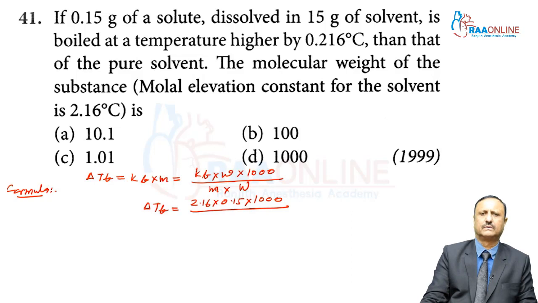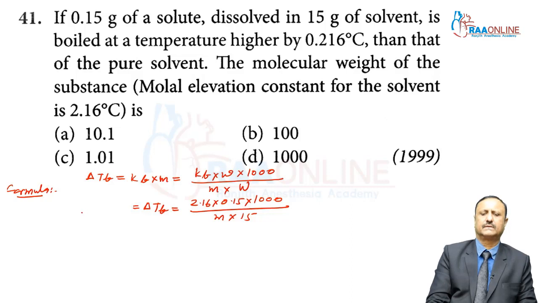No, it is not given in numerical, means it is calculated. Okay. What is the capital W? It is given in numerical, capital W, weight of solvent, yes, 15. 0.15 dissolved in 15. It means delta Tb is already given in the numerical, yes. Elevation of boiling point is given, that is 0.216.